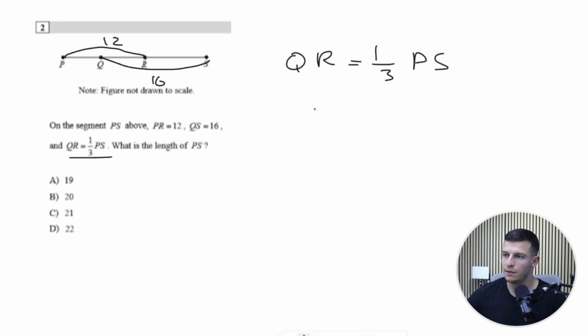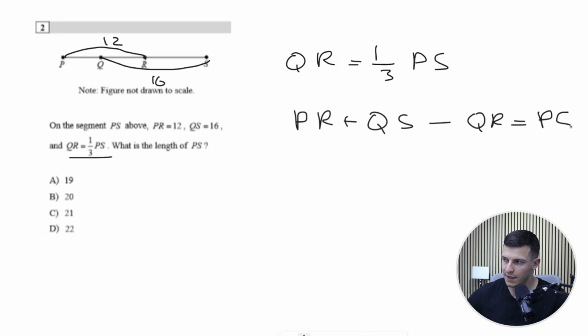Now, what do we know about PR and QS? We know one is 12, the other one is 16. So when we add PR plus QS, we get more than PS because there's an overlap of QR. This section here is the overlap, so we count that twice. So if I subtract QR from this addition, that should give me PS.